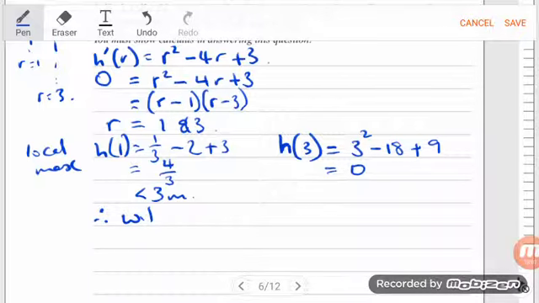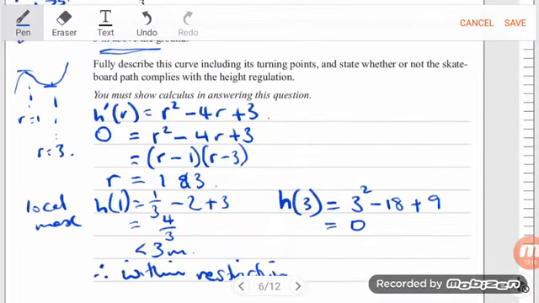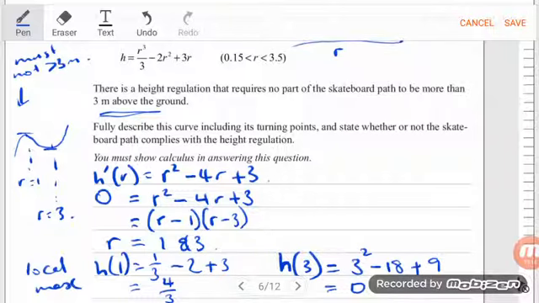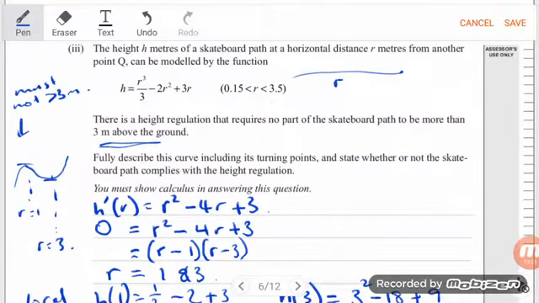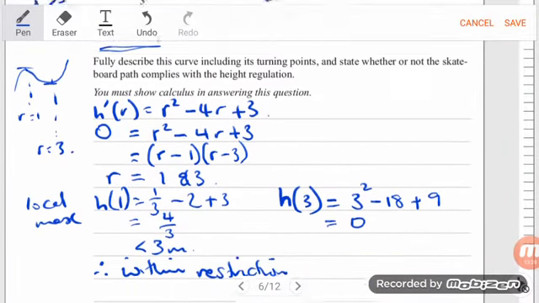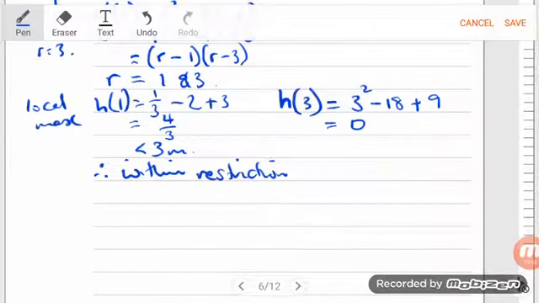Therefore, within restriction. Okay. Now it's a positive one. And it says that the maximum distance it goes from this point is 3.5 meters. So let's have a look at 3.5.